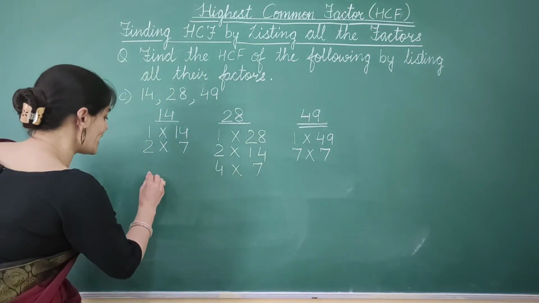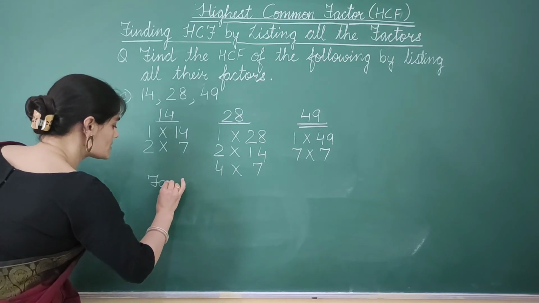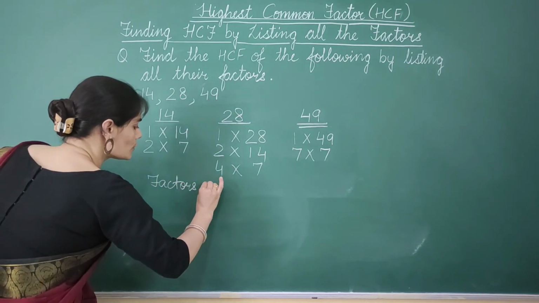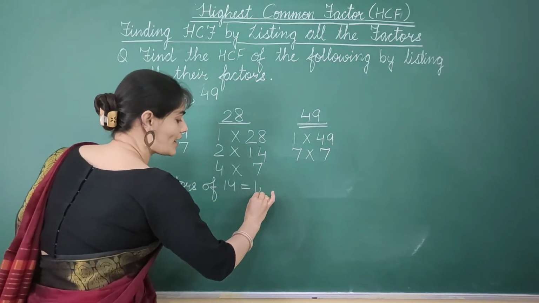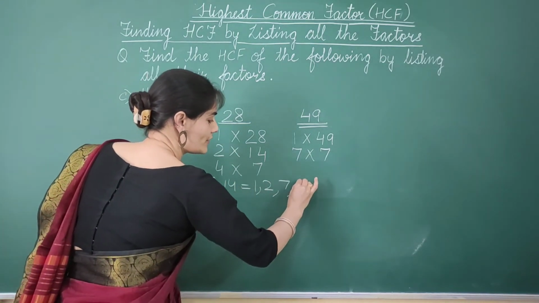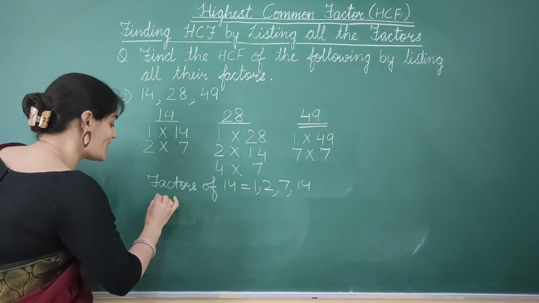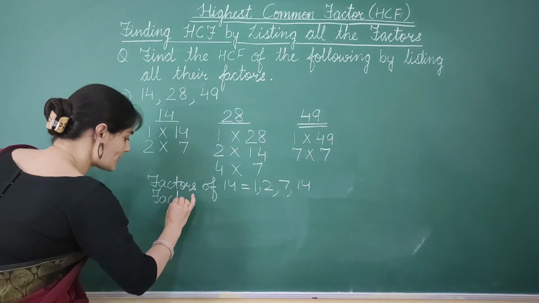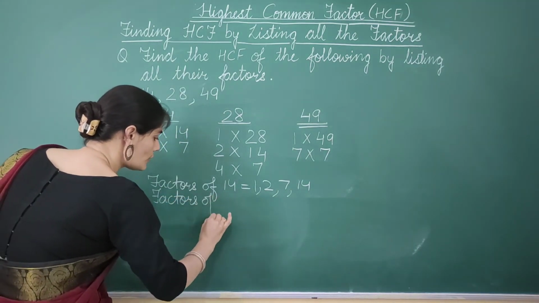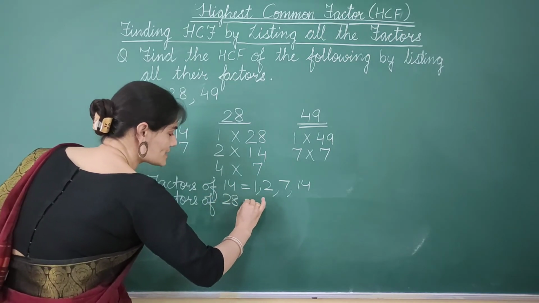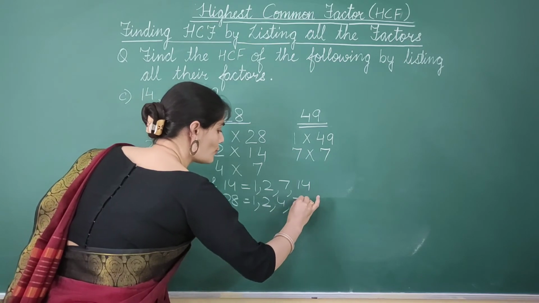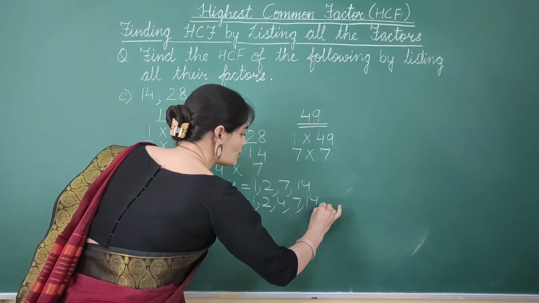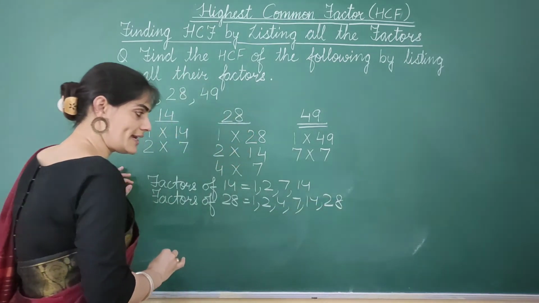So let's write the factors of 14 first of all, and they are 1, 2, 7 and 14. Now I write factors of 28, and these are 1, 2, 4, 7, 14 and 28.